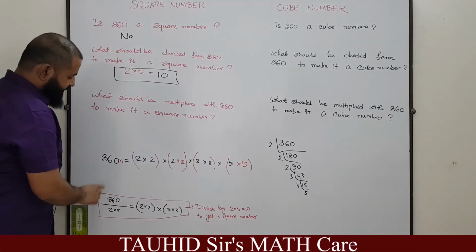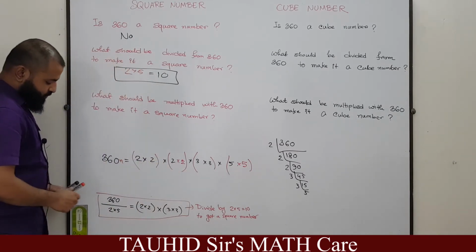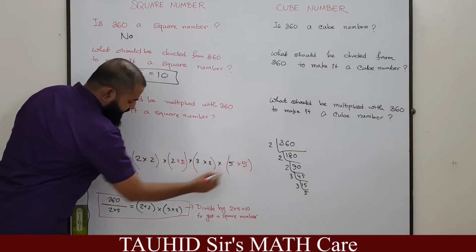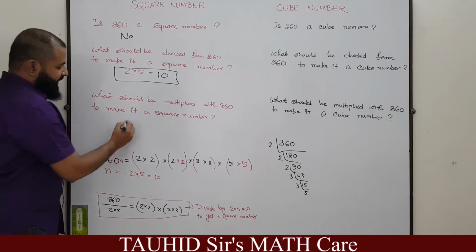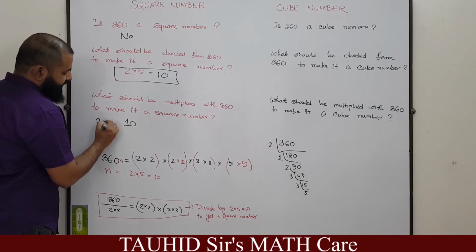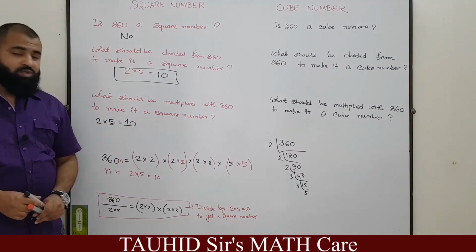Then when these digits are multiplied, we get 360n. So what is the value of n? 2 multiplied by 5 equal to 10. So if we multiply 360 by 2 into 5, or 10, then we will get a square number.